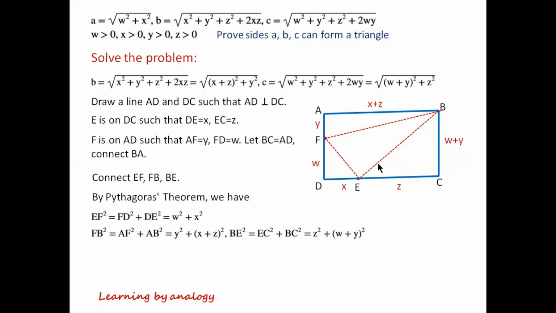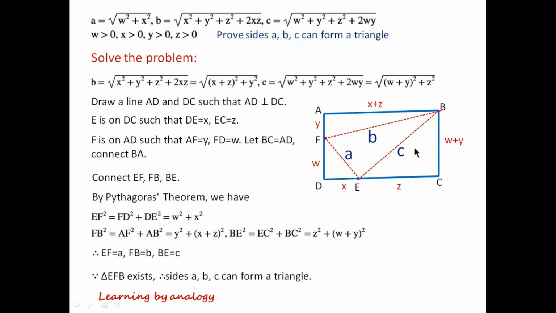BE squared equals EC squared plus BC squared equals z squared plus w plus y all squared. So EF equals A, FB equals B, BE equals C. Because triangle EFB exists, sides A, B, C can form a triangle.